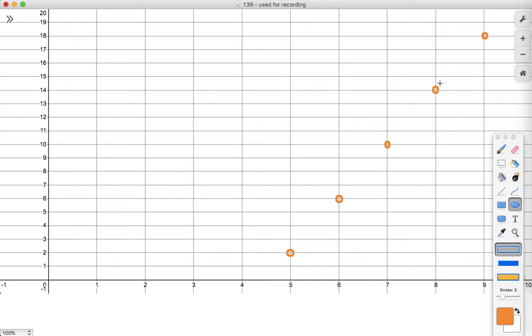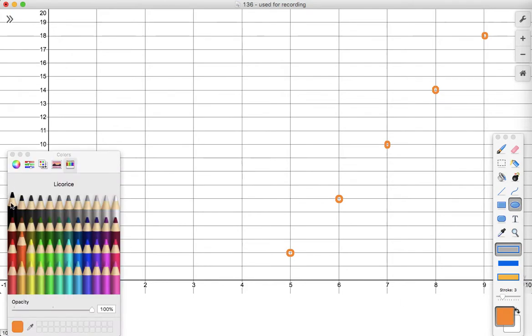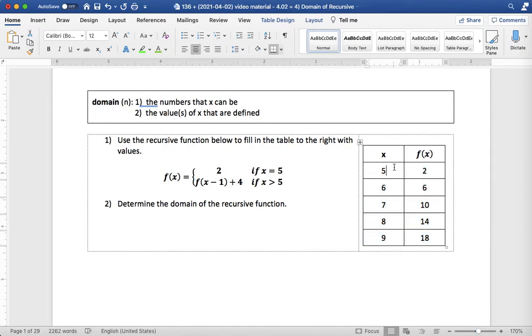Let me ask you something. When x is equal to 4, what would the y be? Or let me ask you a different question. I know when x equals 5, my y is 2. When x equals 6, my y is 6. What happens when x is equal to, say, 4?